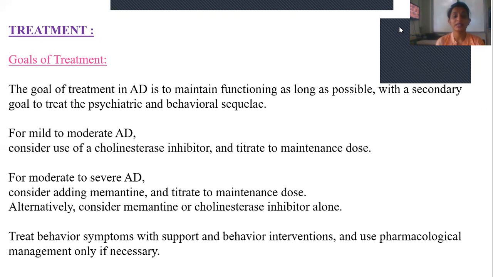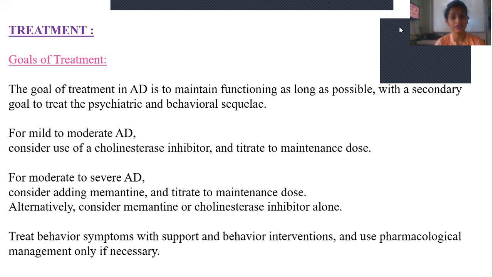And apart from this, we have to treat the different psychiatric symptoms and behavioral changes the patient is having. Depending on that, we give other medications, and use pharmacological management only if necessary. That means if the patient can be maintained with counseling, psychiatric counseling, or other non-pharmacological treatment, then it's better to go for those.